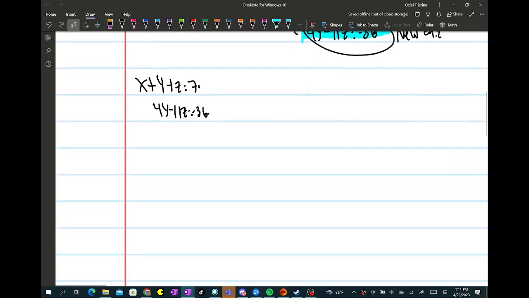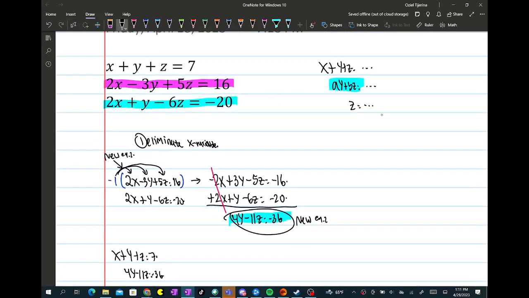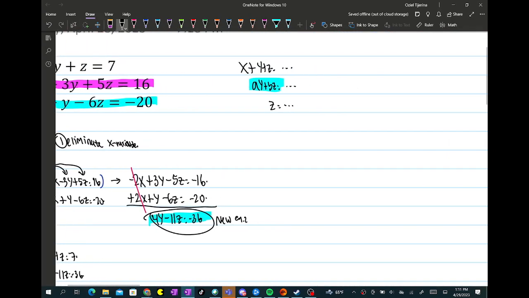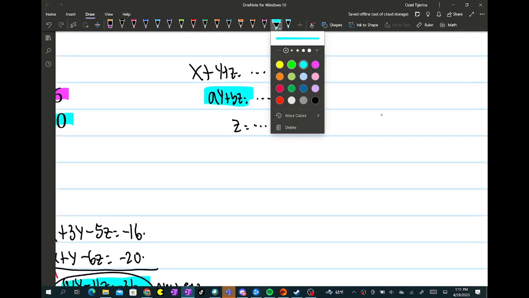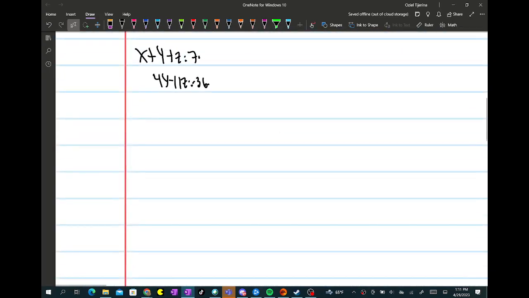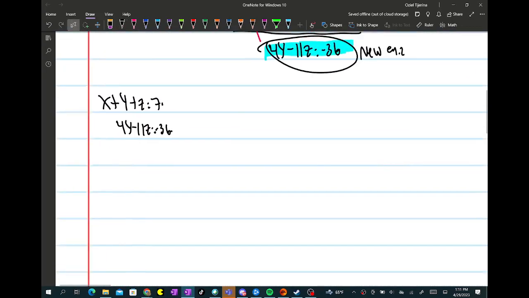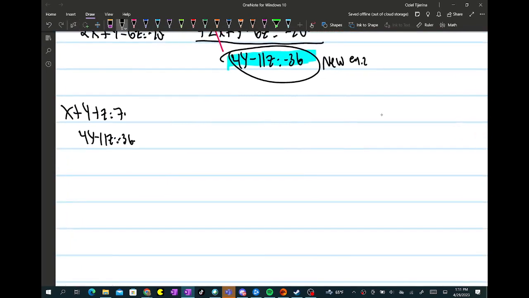And then we still have the very bottom one that we need to work out a little bit to get z by itself, because we really need to have z by itself in order for this to work. For z, I have 4y minus 11z equals negative 36.